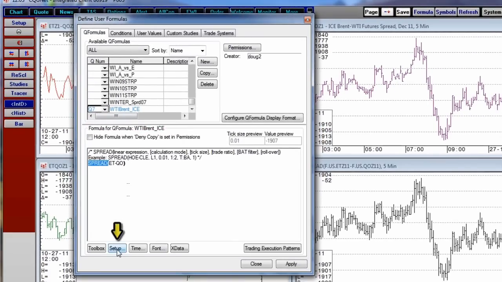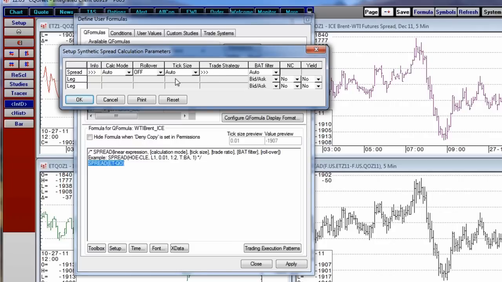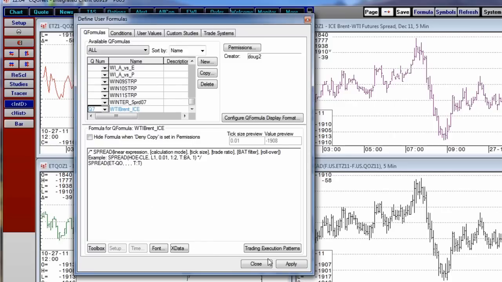And then if I go to setup, you can see currently by default it is a bid-ask calculation on each of the legs. In other words, it's going to be the spread on one of the legs' bids versus the ask on one of the legs. Now we can change that to trade by trade, which I normally do, and apply that to the chart.